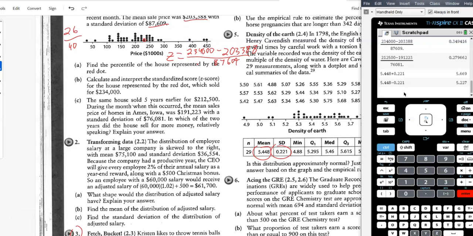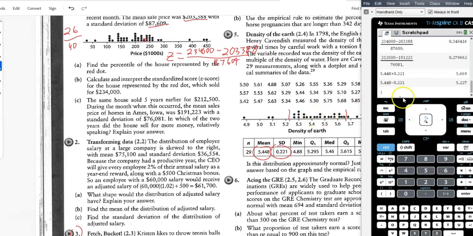So we've got from 5.227, that's right here, and then 5.669, that looks to be about there. So you count how many are inside of there, and I think if you do that, you would probably get 23 out of 29.